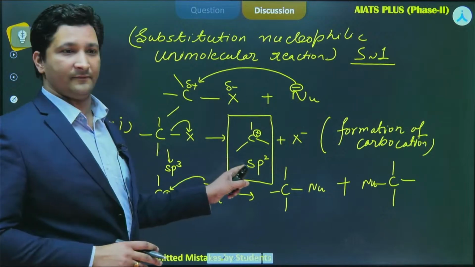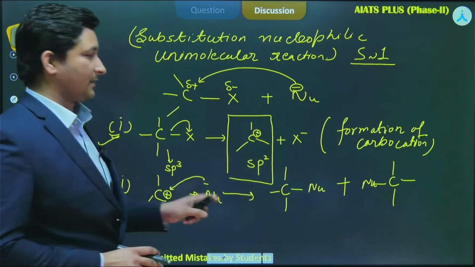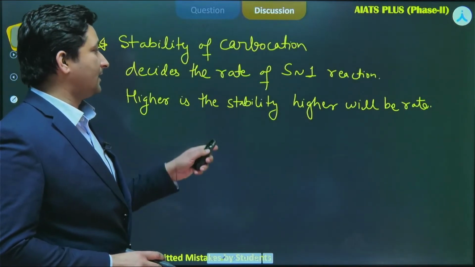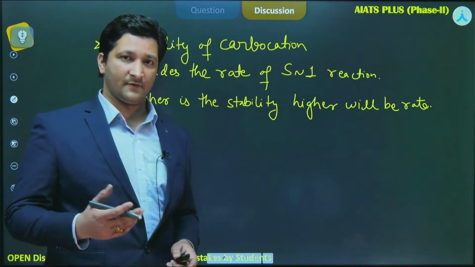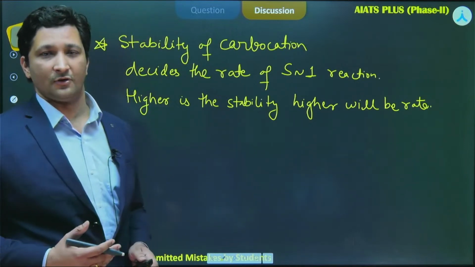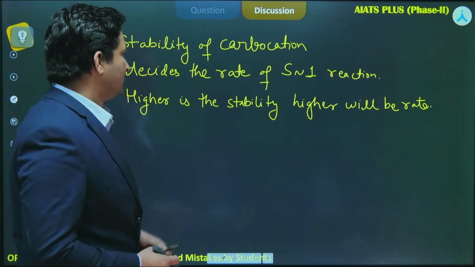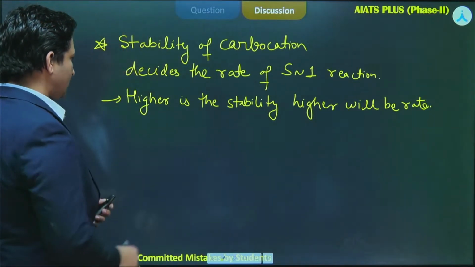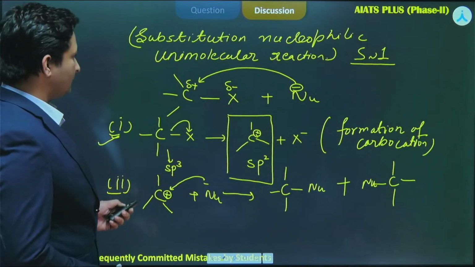This carbocation which will be formed in the first reaction will participate again in the second reaction. Now one more important point is that higher the stability of carbocation, higher will be the rate, and this SN1 reaction is followed generally in case of polar protic solvent.